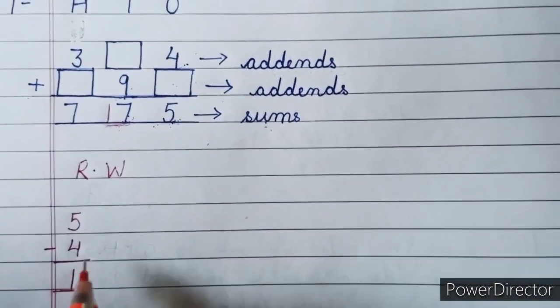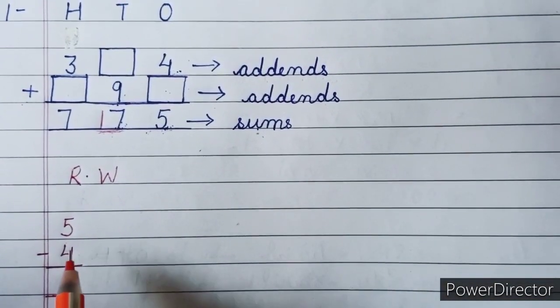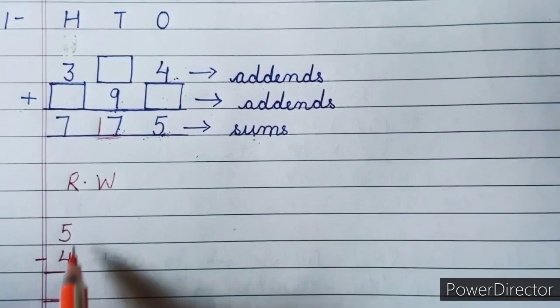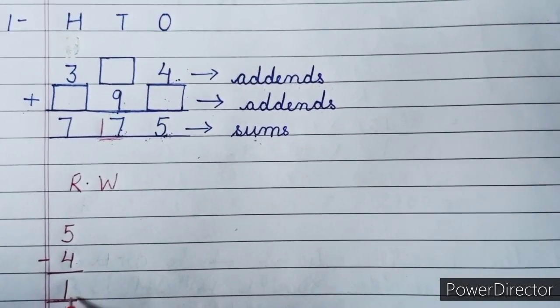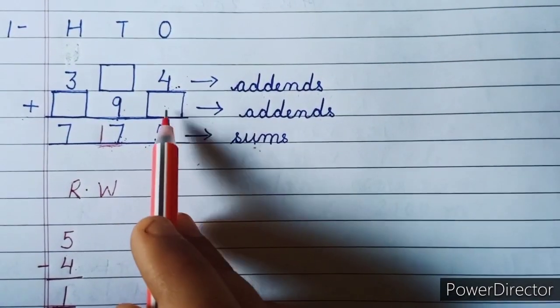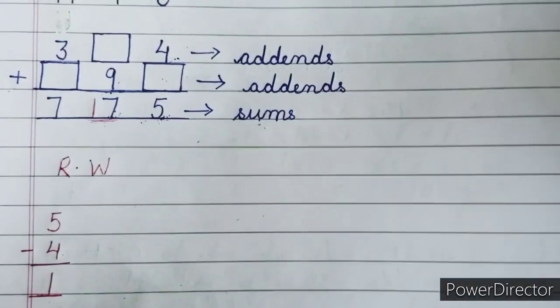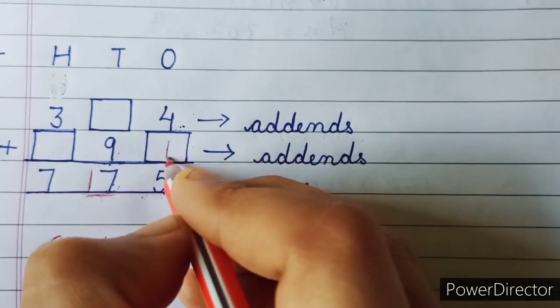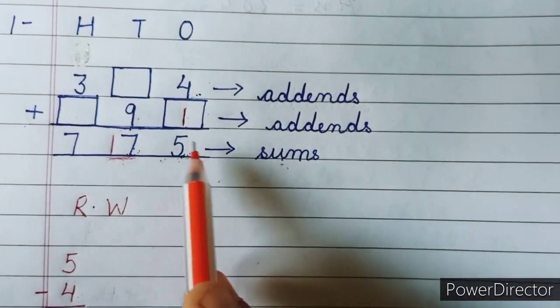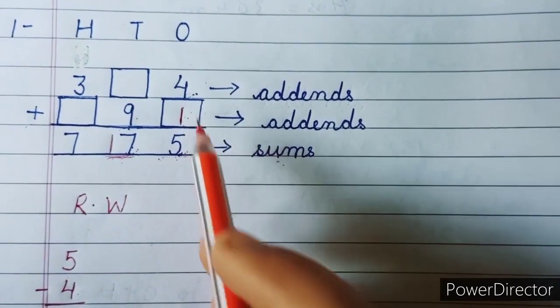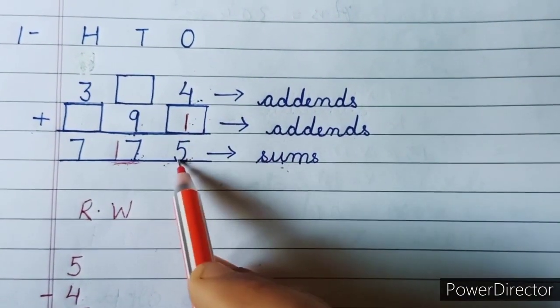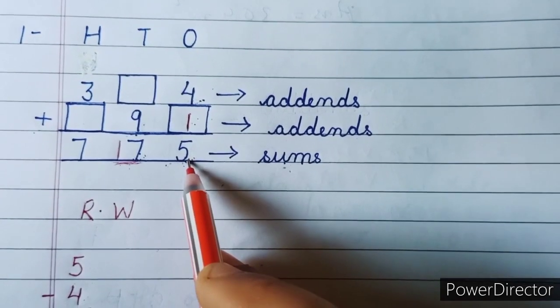Then we will write this 1 in this box. So let's check. 4 plus 1 is 5. That is, it is correct.